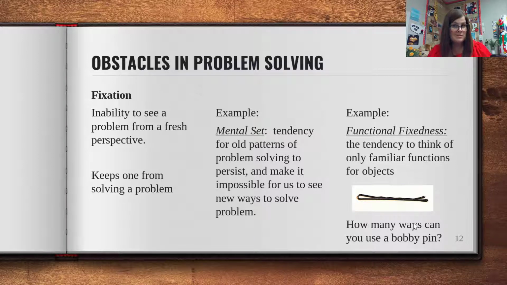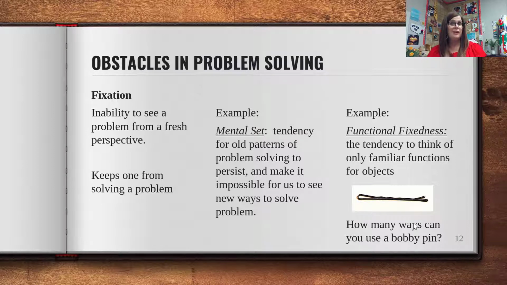So there's a picture of a bobby pin. And that bobby pin is used in someone's hair. When you're fixing someone's hair, you're trying to hold your hair in place. Functional fixedness would say that is the only way and the only reason that a bobby pin exists, is to put in somebody's hair.